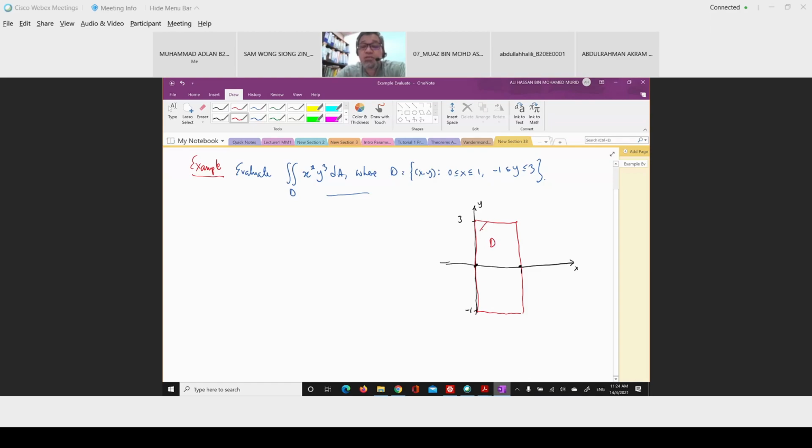So this is the region D. It consists of all points (x,y) where x is between 0 and 1, and y is between minus 1 and 3. So this is a rectangular domain D.